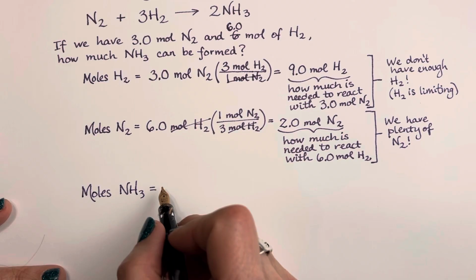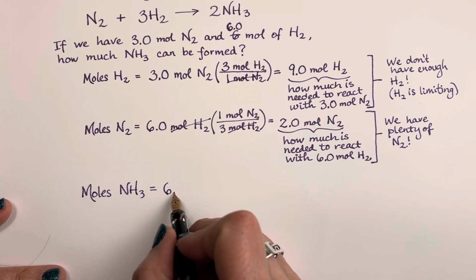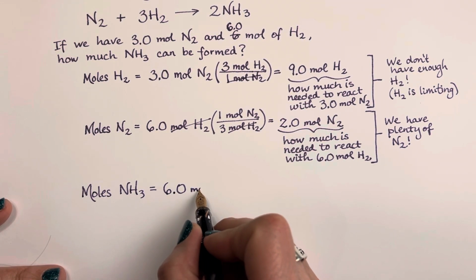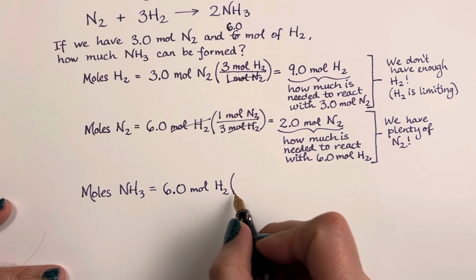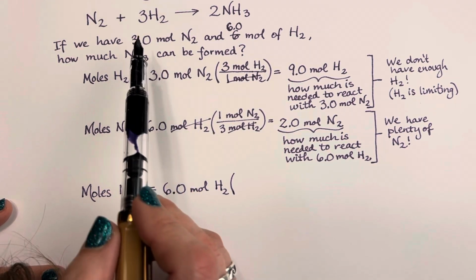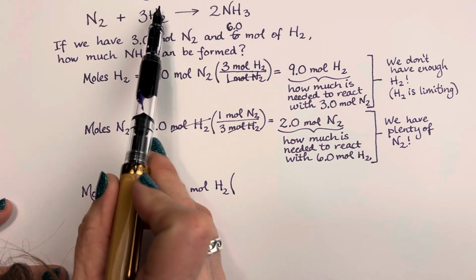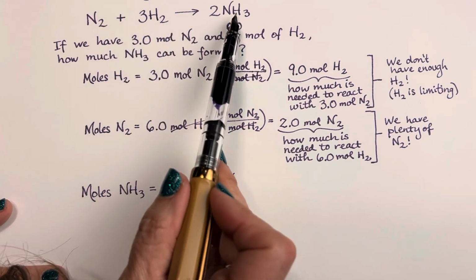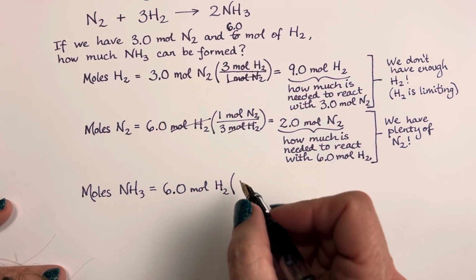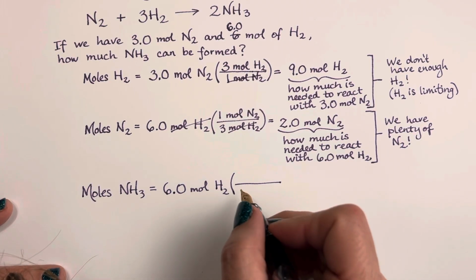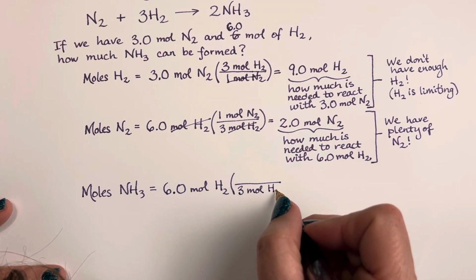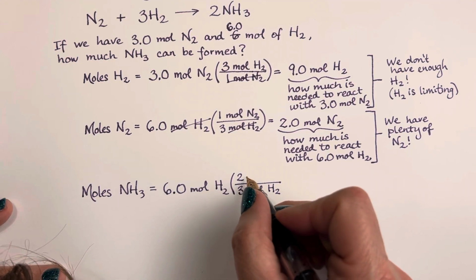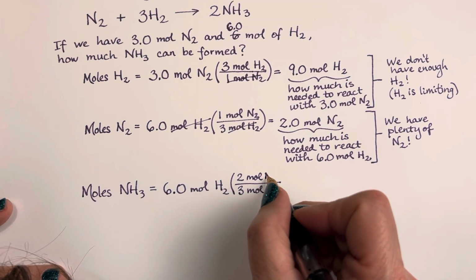So now we'll start with the limiting reactant, moles of hydrogen. And now we are going to use the ratio between hydrogen and ammonia. We have 3 moles of hydrogen for 2 moles of ammonia.